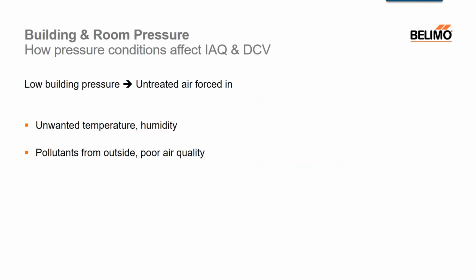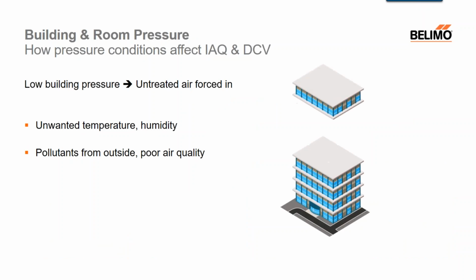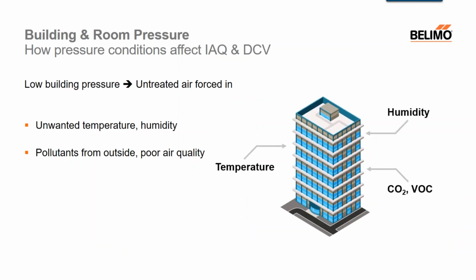Let us now look at how pressure conditions can affect indoor air quality and demand control ventilation. Maintaining a low building pressure allows untreated air to be forced into the building, resulting in unwanted temperature, humidity, and also pollutants from outside, creating poor indoor air quality within the building and demand control ventilation being required.